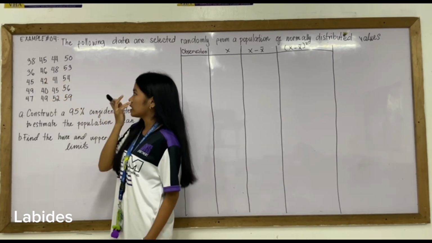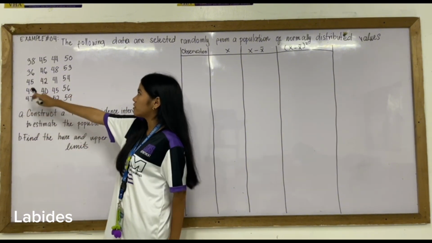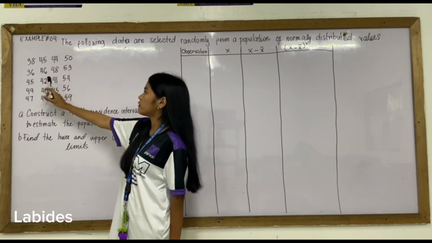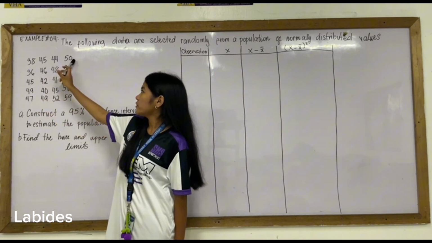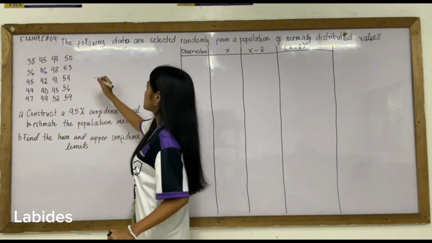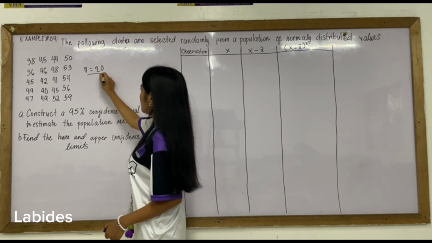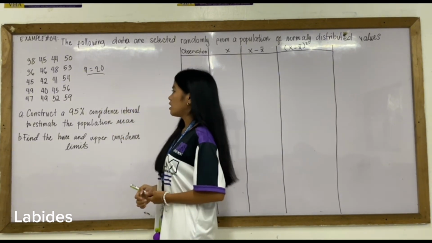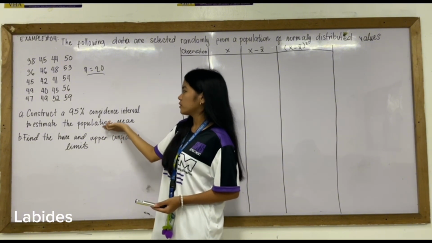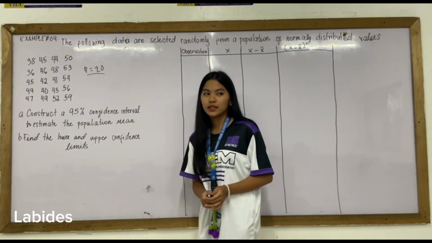We have 38, 36, 45, 49, 47, 55, 46, 42, 40, 49, 44, 48, 41, 45, 52, 50, 53, 54, 56, 59, which gives us 20 sample size. Our goal is to construct a 95% confidence interval to estimate the population mean and find the lower and upper confidence limits.